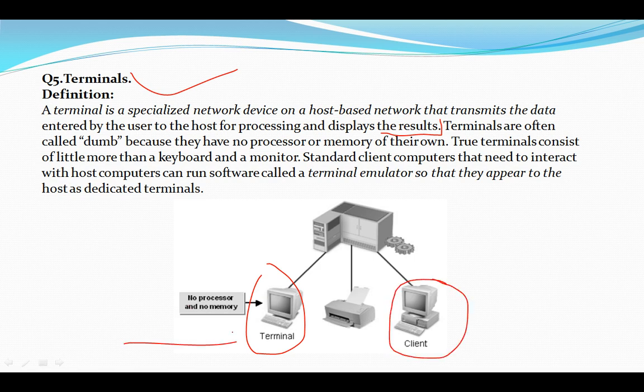If we talk about this, it will not use its own memory, or it will not process anything. It will just use the memory and processor of a different system.